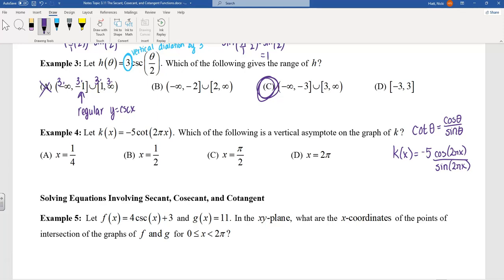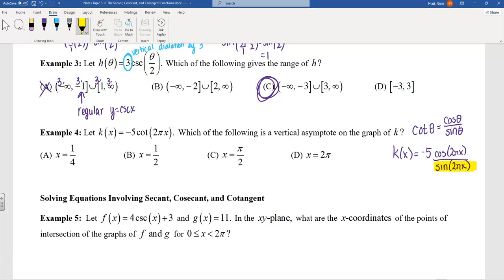So I'm changing cotangent into cosine over sine. And so what's the only piece here that affects our vertical asymptotes? Not all of that. Denominator. Denominator is the only thing that affects your vertical asymptote.